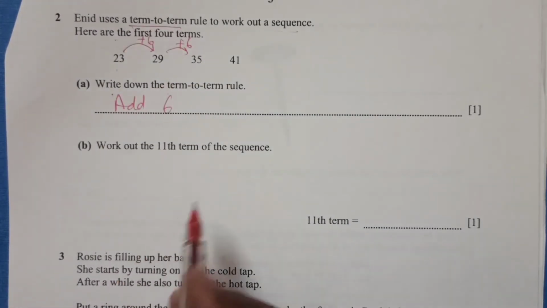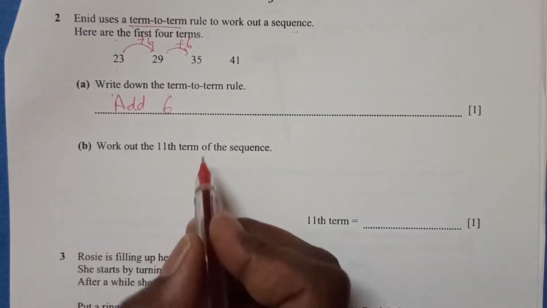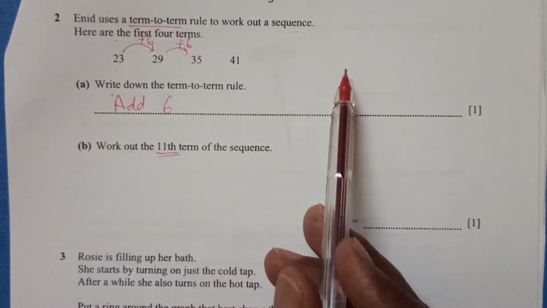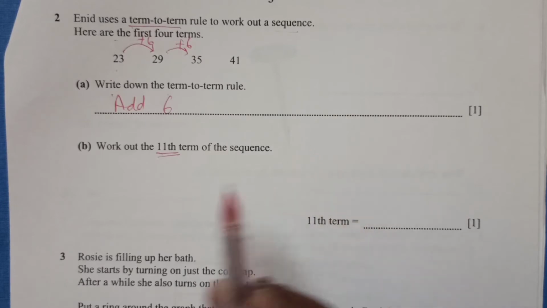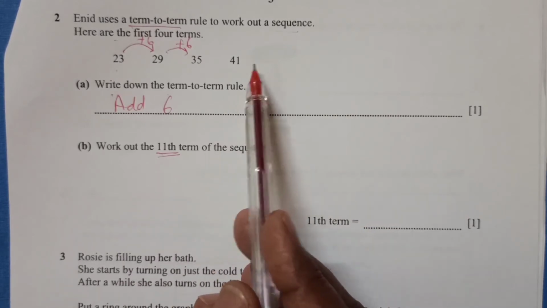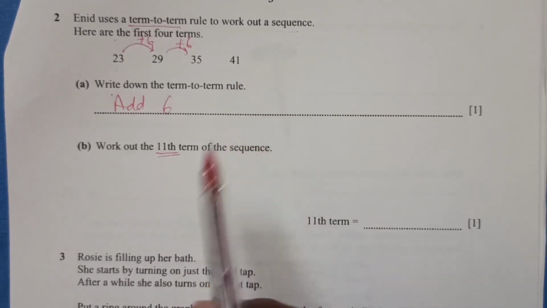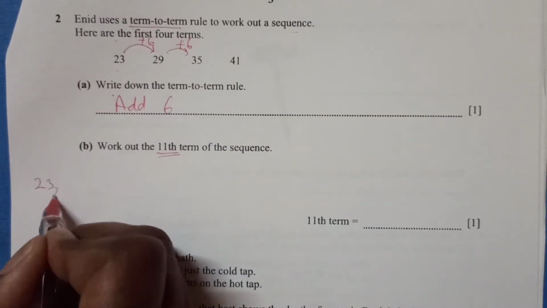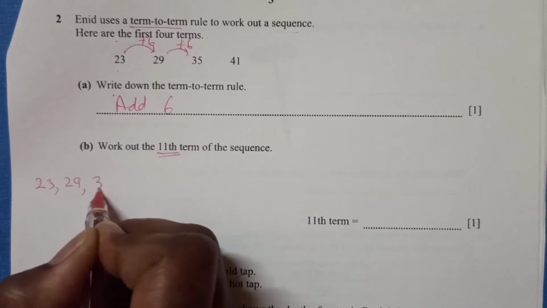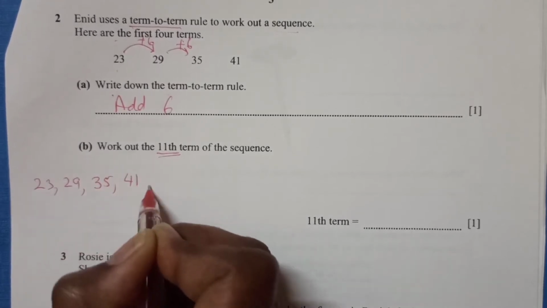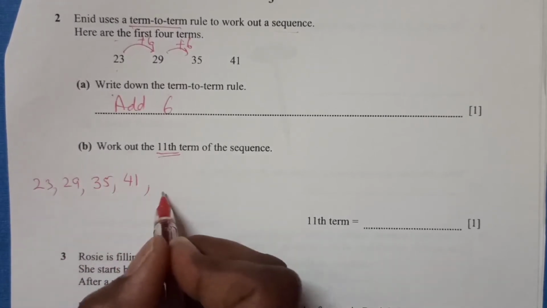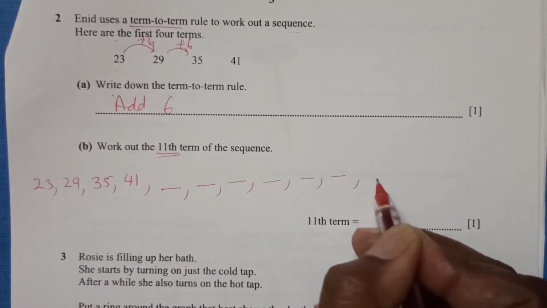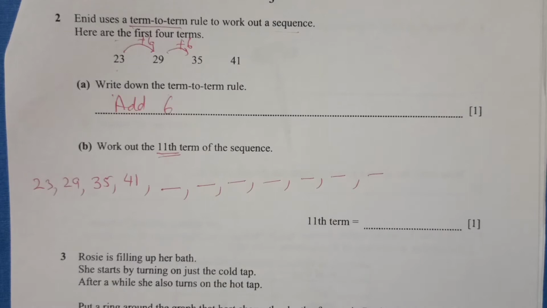Work out the 11th term of the sequence. For the 11th term we can use the nth term rule, or you can just keep adding 6 to get the 11th term. So we can just do that, like here it is 23, 29, 35, 41. This is 1, 2, 3, 4, 5, 6, 7, 8, 9, 10, 11. So we are looking for this term, right?